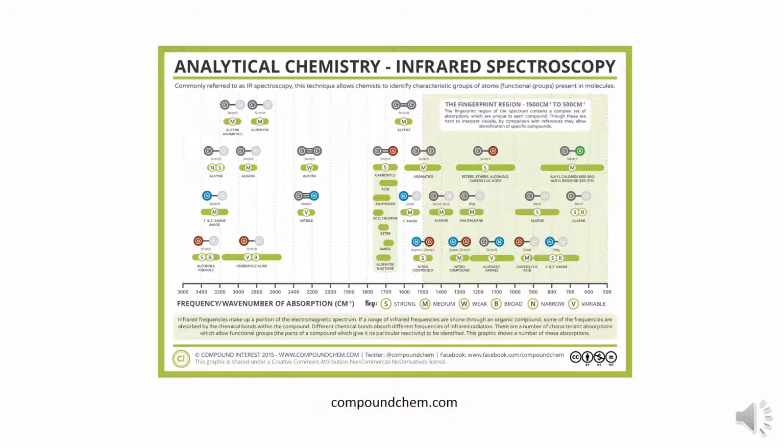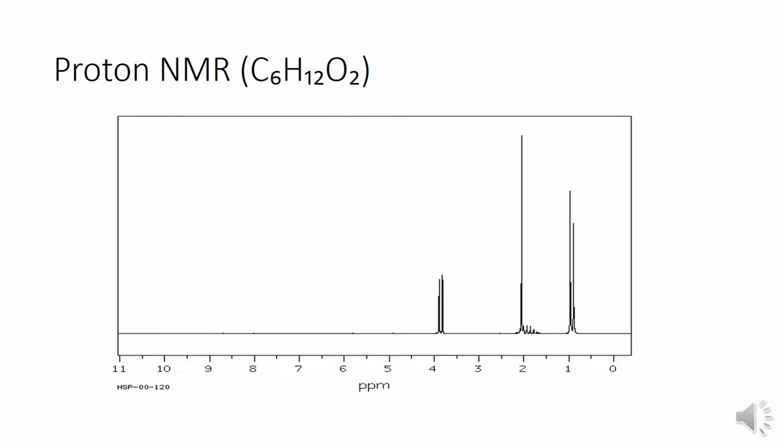Spectroscopy, which shows all the functional groups that can be observed in each specific zone. Hydrogen 12, oxygen 6. So we can start by looking at the integration numbers for our graph here.